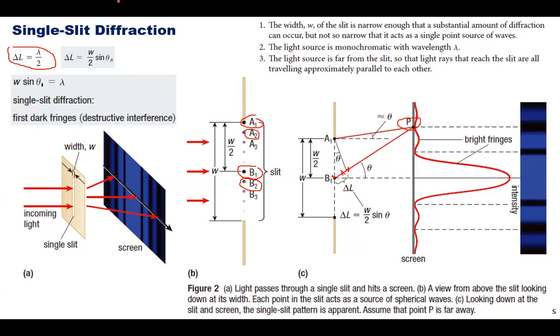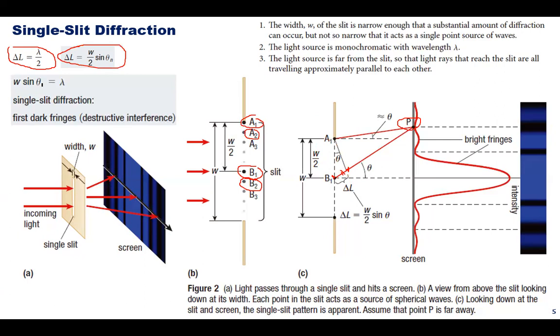Okay, next, because we have these two relationships, we can substitute a half of lambda for delta L, that leads to half of W times sine theta n equals lambda over 2, which actually gives the angle of the first dark fringe on one side of the center of the screen.